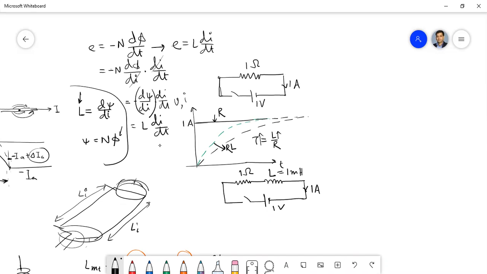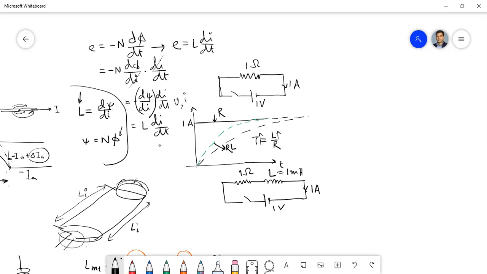Now, inductance is such a parameter of any coil due to which any coil opposes the change in current. ইন্ডাকটেন্সটা হচ্ছে এমন একটা কয়েলের এমন একটা প্যারামিটার যে প্যারামিটারের জন্য কয়েলটা সবসময় যে কোনো কারেন্টের চেঞ্জকে অপোজ করে। It doesn't oppose any steady current. কোনো স্টেডি কারেন্টকে ইন্ডাকটেন্স অপোজ করে না। Inductance opposes only the change in current.